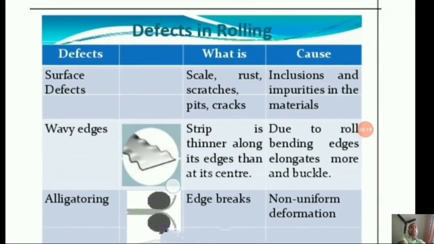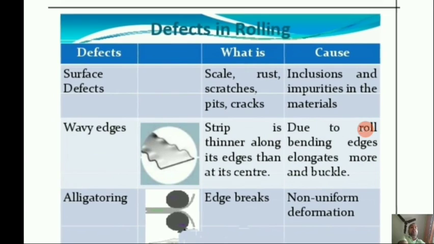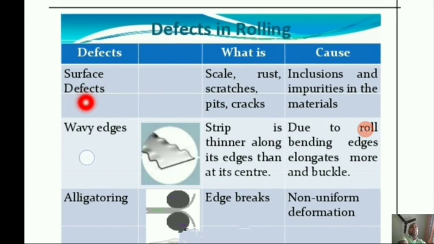Next we have the defects in rolling. Surface defects are the production of scale, rust, scratches, pits and cracks on the surfaces, and are generally caused by inclusions and impurities in the materials.